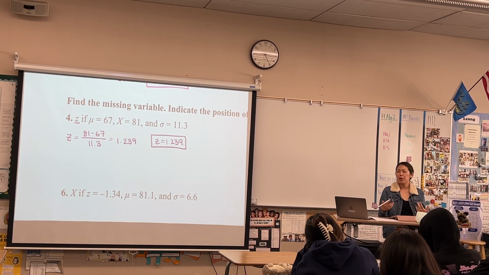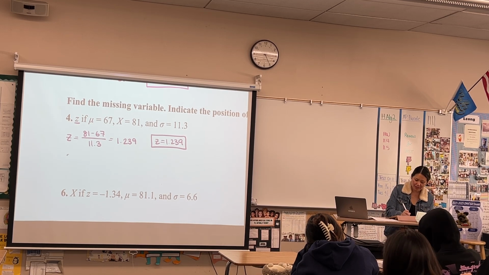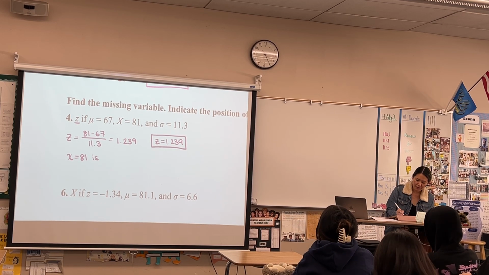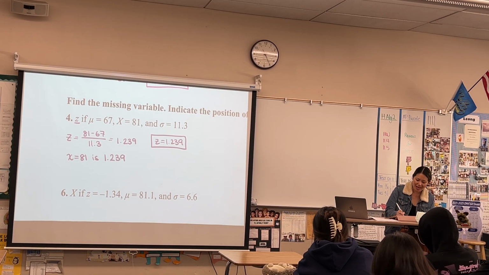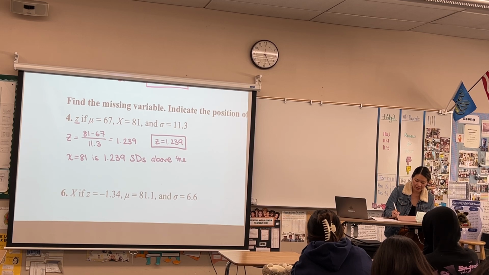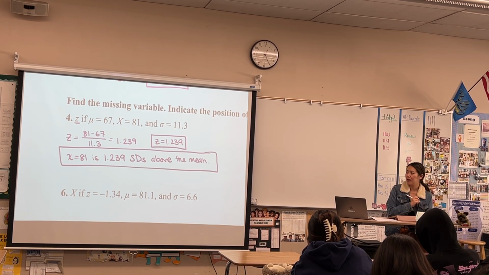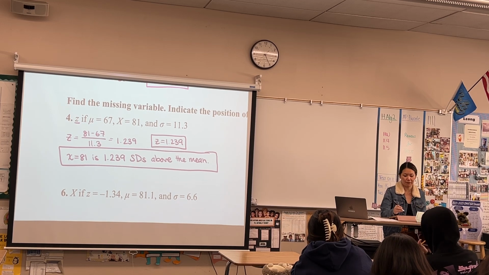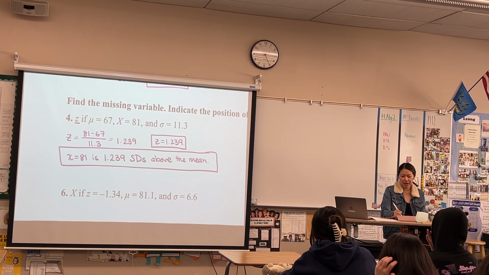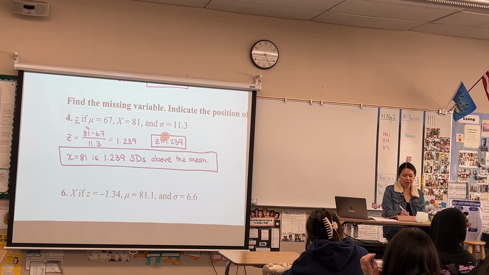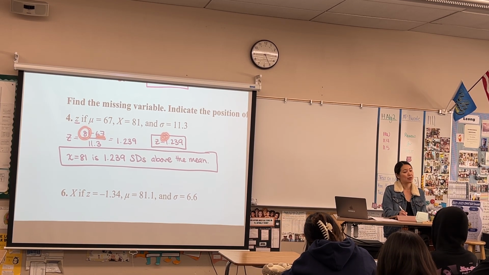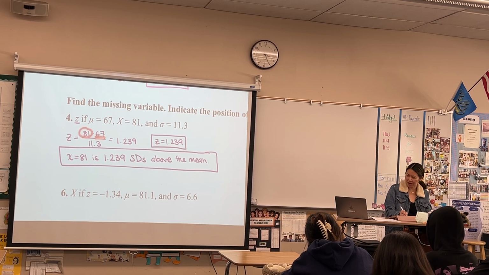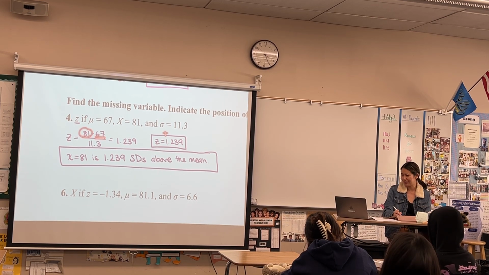What does that tell me? It means x equals 81 is 1.239 standard deviations above the mean. How do I know it's above? It's positive. If this number was less than 67, that would come out negative. But because 81 is higher than 67, we know it's above the mean, and z comes out positive.